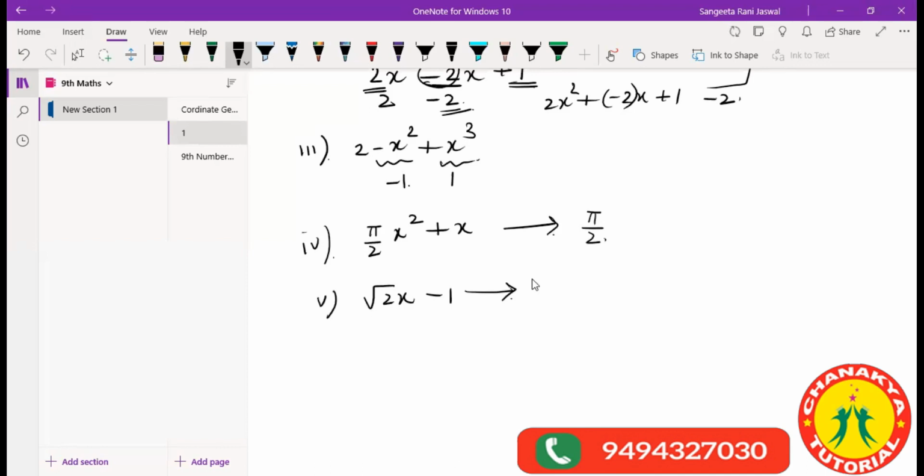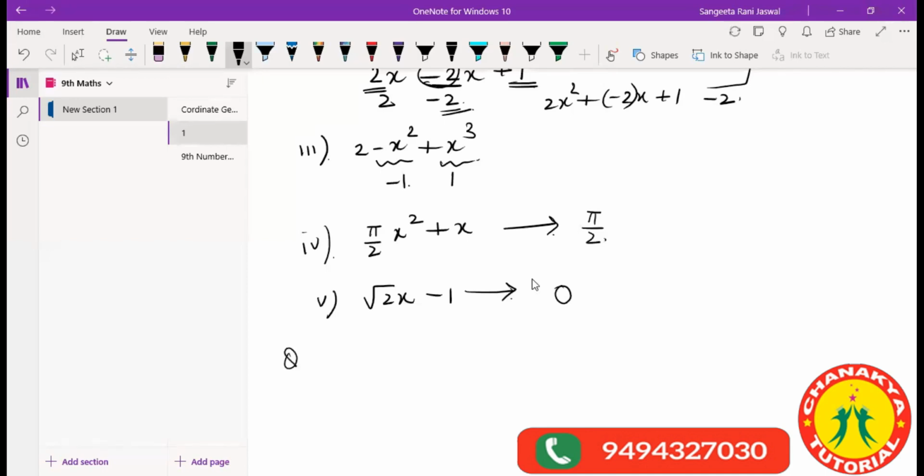Is there any x square term? There is no x square term here. Exactly, it's not there. So the coefficient of x square is 0.